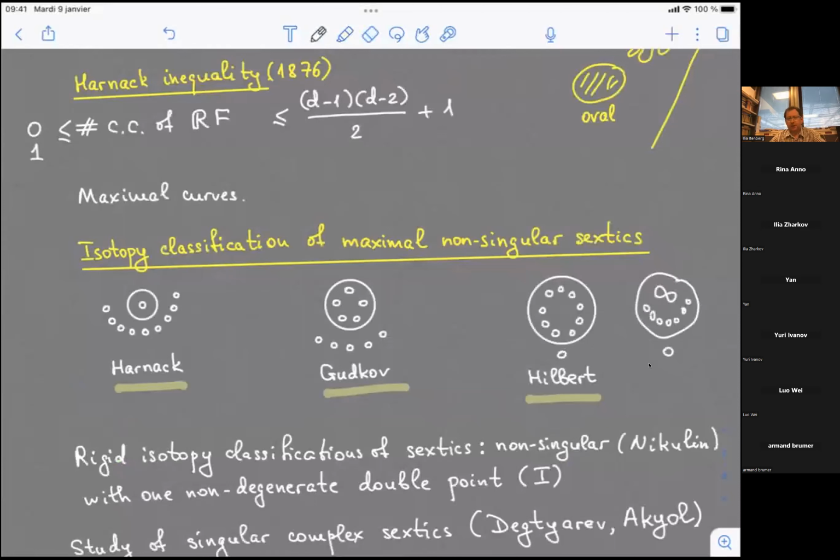So this is a possible topology for a simplest degeneration of Hilbert's sextic. And as I said, another option is, for example, like this. It can happen that one of these ovals is contracted to a point, and then you have 8 others.